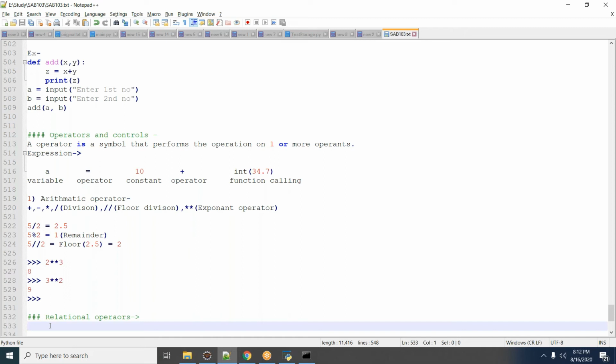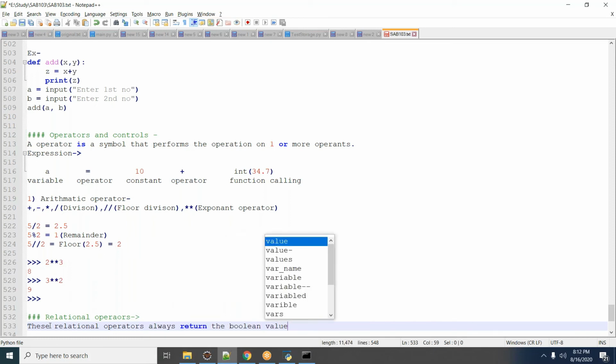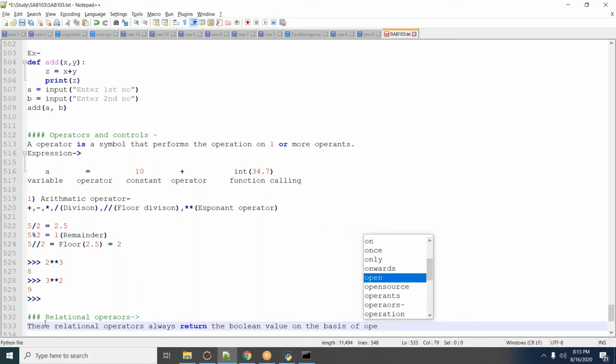All the relational operators always return a Boolean value on the basis of operands.